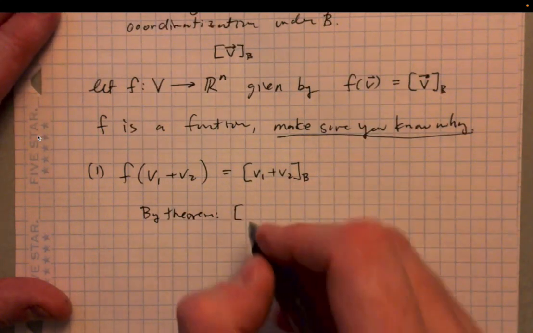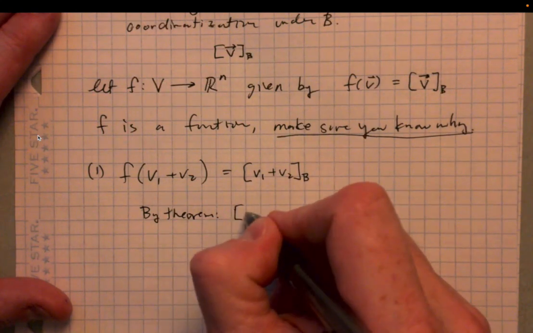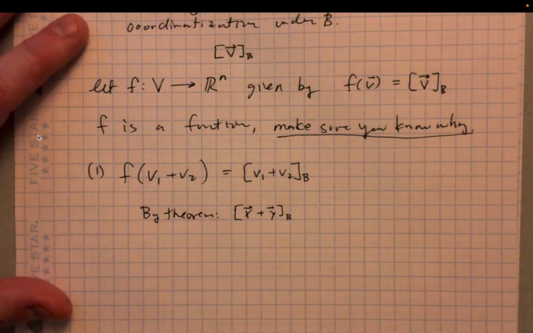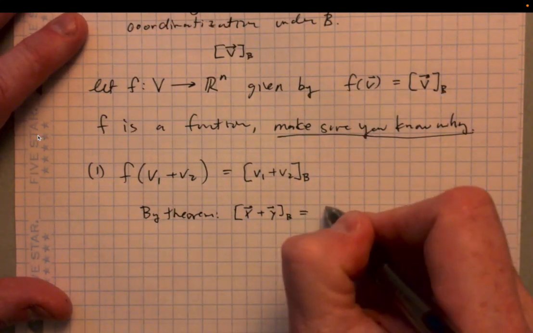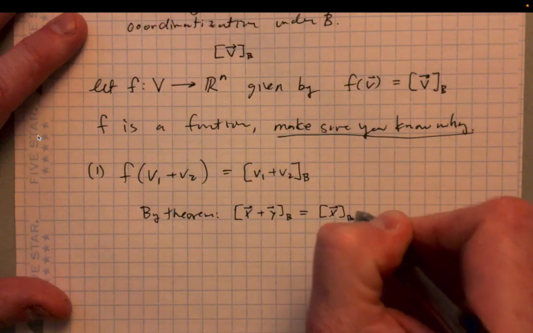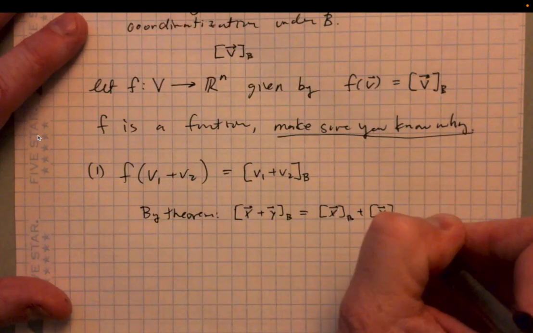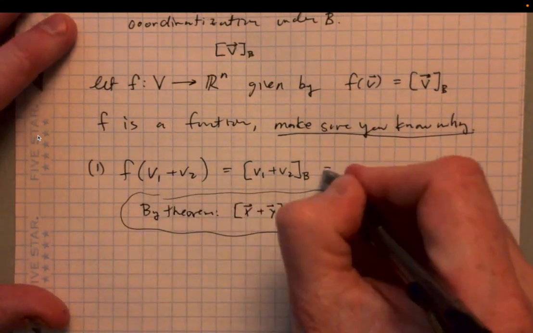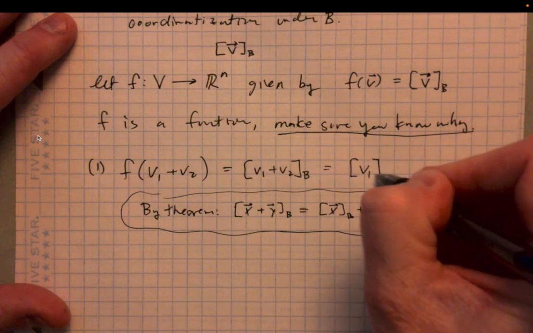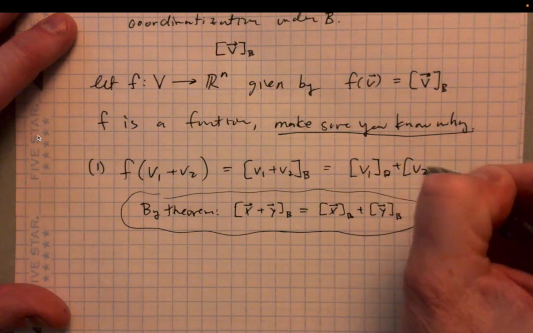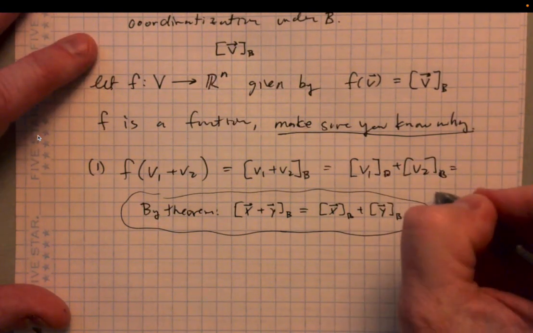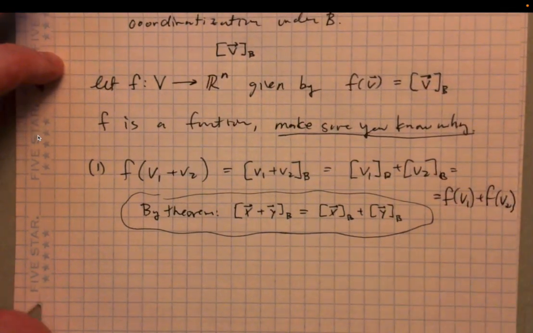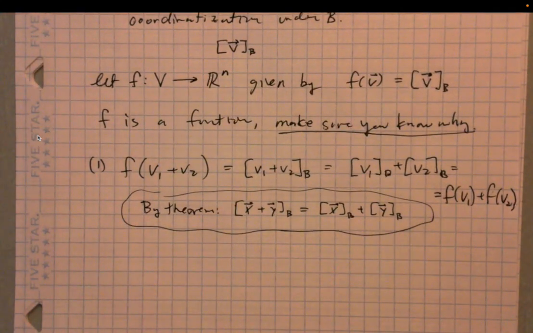We were able to prove at the time that if you have a vector x plus a vector y coordinatized on an ordered basis B, that's equal to this, which is exactly what we need, right? So this is a theorem from the previous section, and so we can just jump right to the punchline here. We can break those apart. We know that they're equal. And then, of course, that means this is just f of v1 plus f of v2. Right, again, by theorem. We talked about this in the last section.